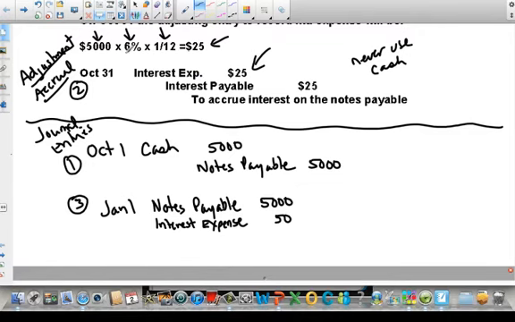If you do 5,000 times 6% times 2 over 12 in this case, you'll get 50. And we're paying back this interest payable, so we're going to have a debit for 25. And now our cash is going to go down $5,075.